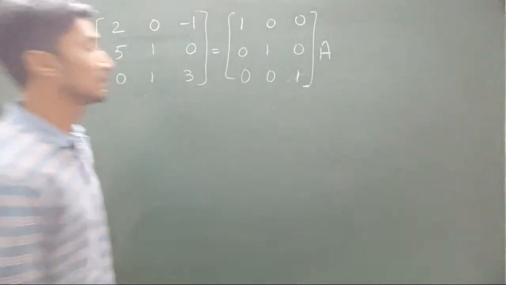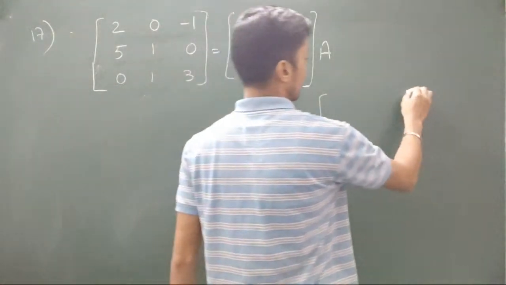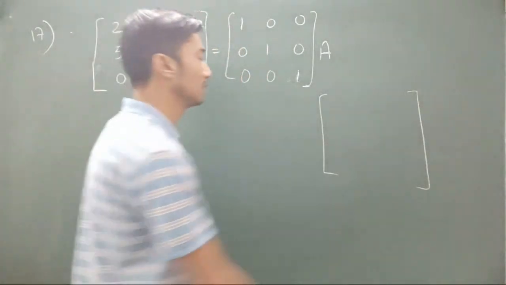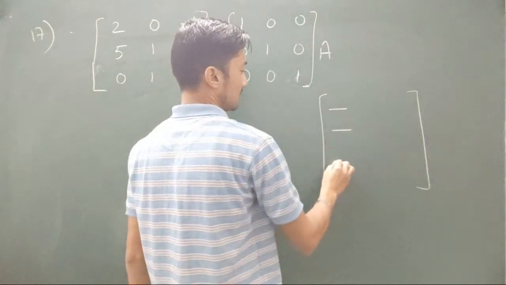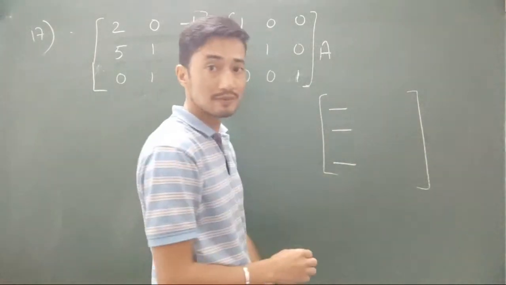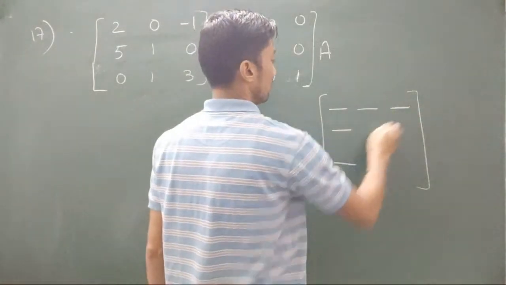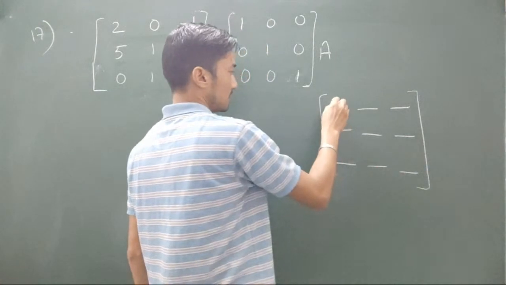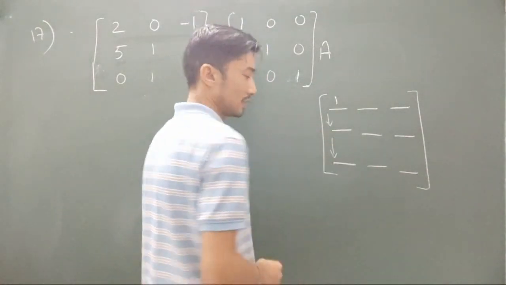So there's another trick. 2 by 2 matrix, I told you how to proceed. Now for 3 by 3 matrix, what you can do is, maybe this might work, so let's have a look. I'll start with this, then with this, then with this. Same. But after this, start with 1, then this, then this.